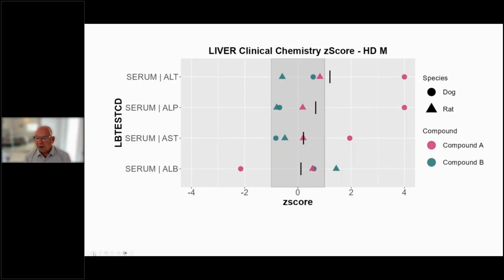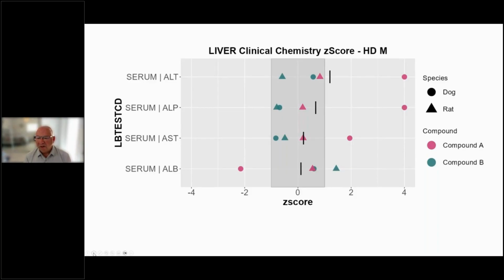So it's pulling that mean for that group to the right, outside of the z-score normal range. But then also we can see the rank order of changes in both of the species for compound A, or at least the dog, there was a high change in ALT. The others were probably within standard limits.